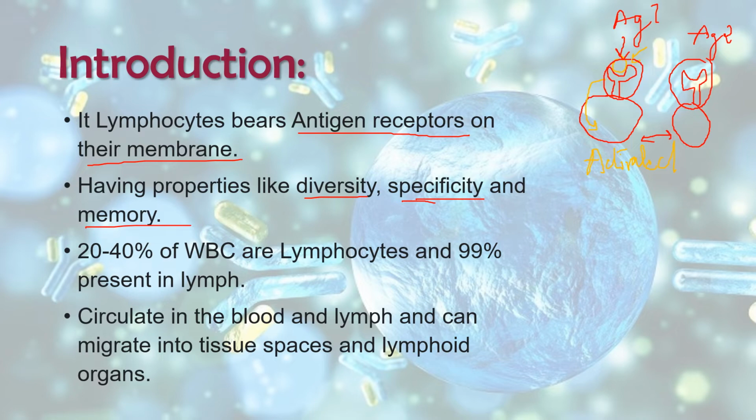And the last one is memory. Lymphocytes differentiate either into an effector cell or a memory cell. As soon as they interact with the antigen, they differentiate either into an effector cell or a memory cell.